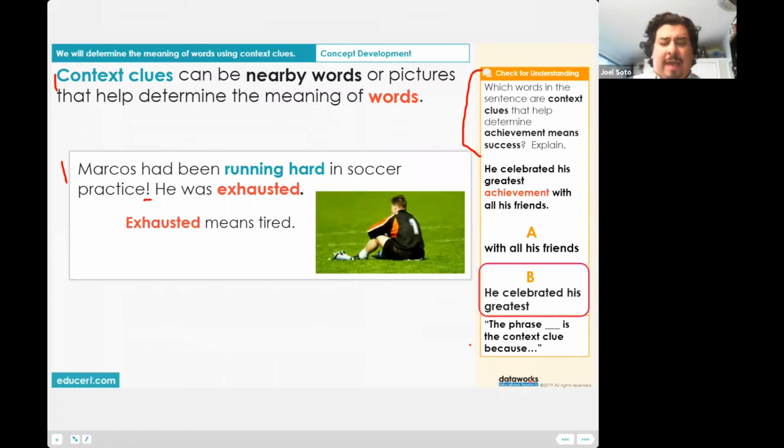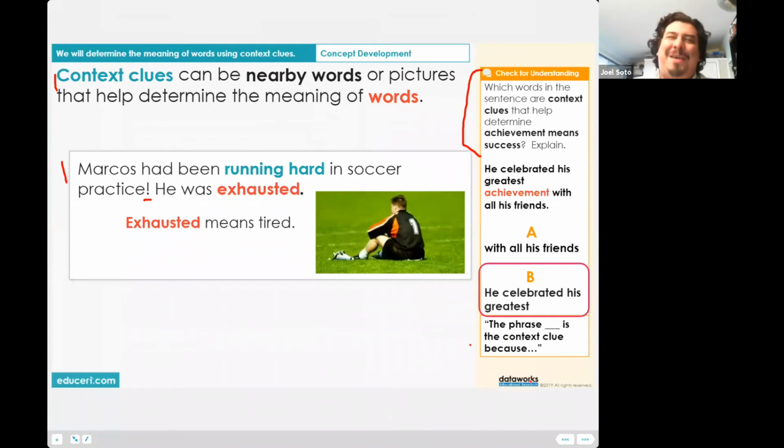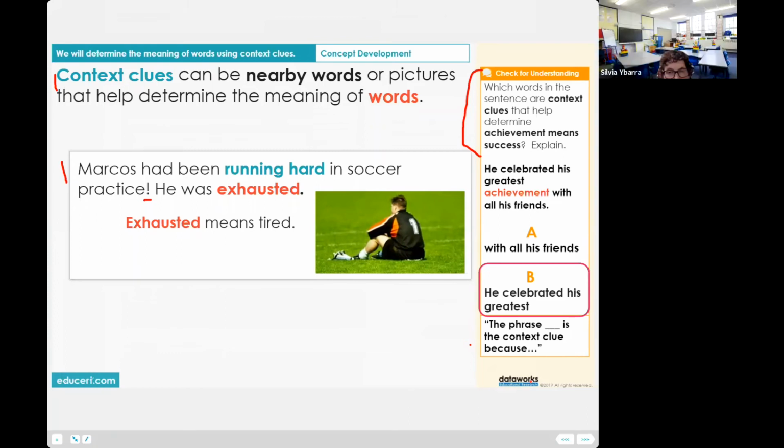The second you ask any of your students for a response, they're going to say B, right? And then we're going to have to sort of grab that from them. We're going to have to be like, okay, B is the correct answer. Great. But can you say it? The phrase B is the context clue because, right? So we're going to have different ways of grabbing that practice of the new academic language.